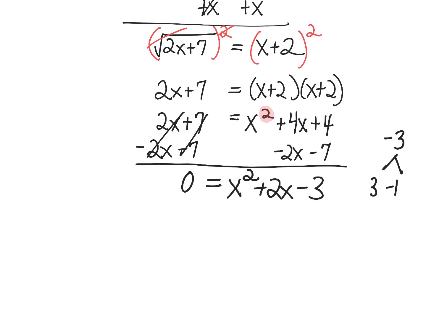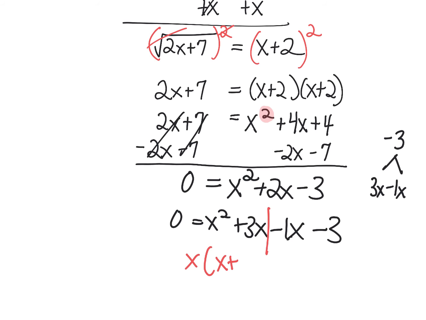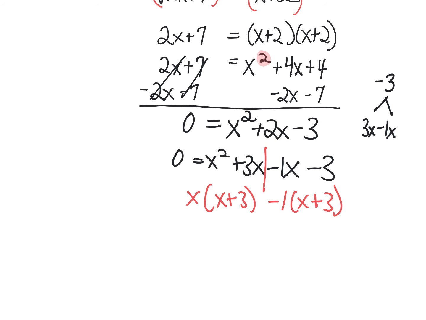So maybe now some of you are doing your AC bust up B. So you got x squared plus 3x minus 1x, because we always attach an x to these things, minus 3. And then you have to group it. So I'll take an x here, and I'll take a negative 1 out over here. This is all still equal to 0, by the way. So I would take the x plus 3 out, because it's there twice. We only need it once. And then I have x minus 1 left over.